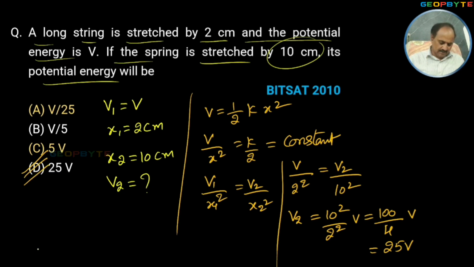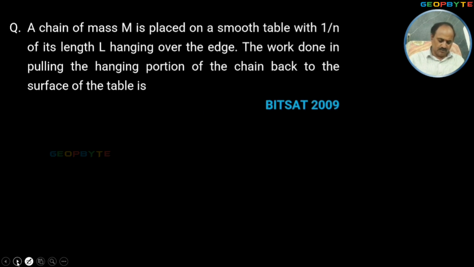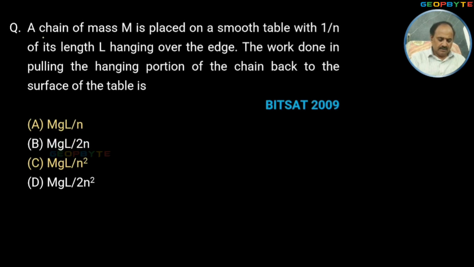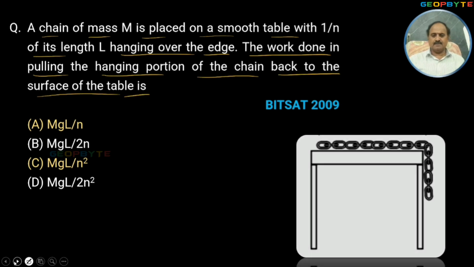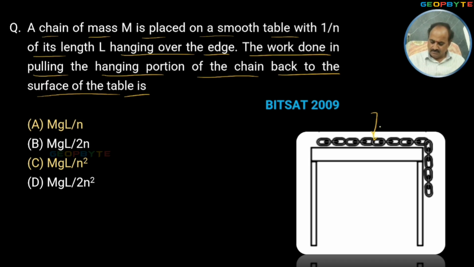Similarly, let's take another important problem. Look at this problem. A chain of mass capital M is placed on a smooth table with 1 by n of its length hanging over its edge. The work done in pulling the hanging portion of the chain back to the surface of the table is... Look at the chain on the table. A small part is hanging from the surface of the table.